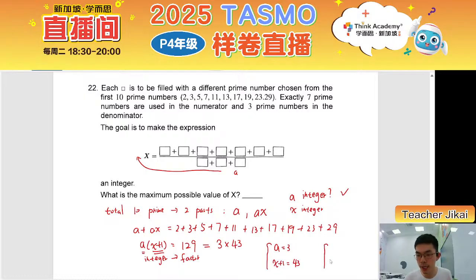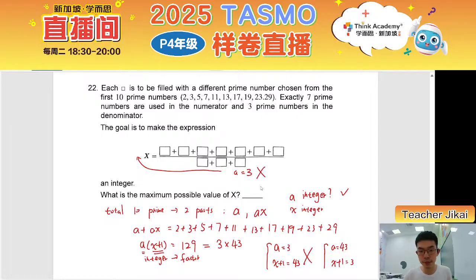Or it will be a equal to 43 and x plus 1 equal to 3. So is a here being 3 possible? For the denominator, 3 prime numbers adding up together, can it be 3? Of course not, right? It cannot be 3 here.